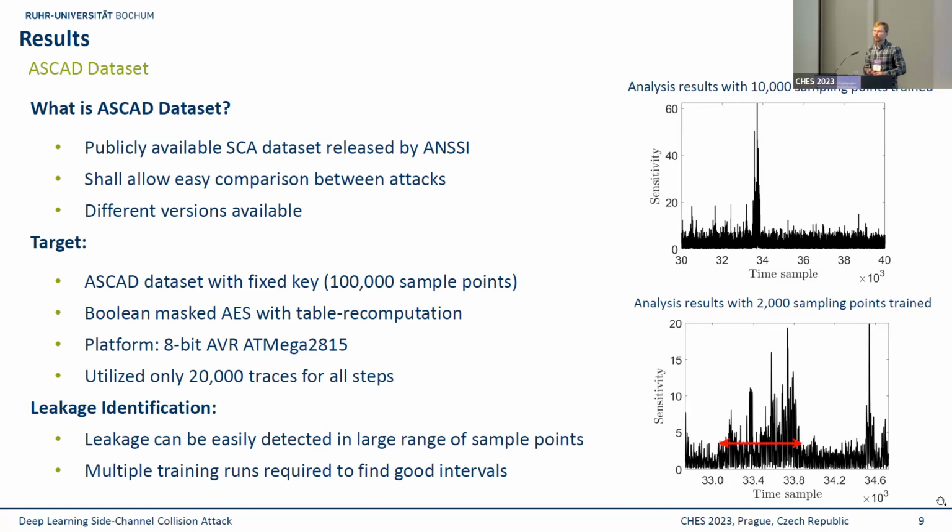We also repeated the analysis with a smaller range of 2,000 points, such that we can then define our final range of sample points that we use for further analysis. We compared these results with the SNR results, and we observed that we perfectly covered the S-box output leakage for most of the bytes.